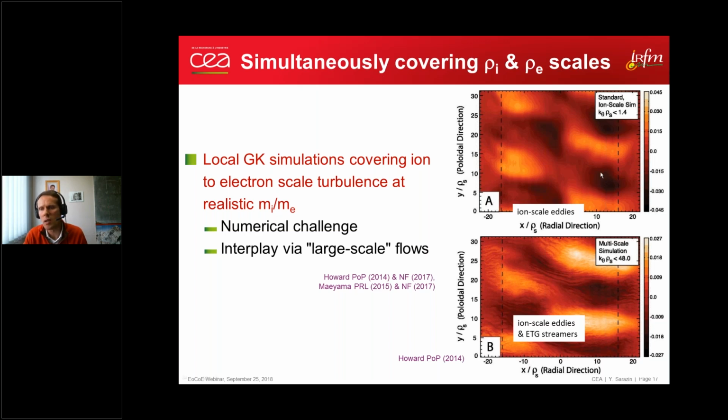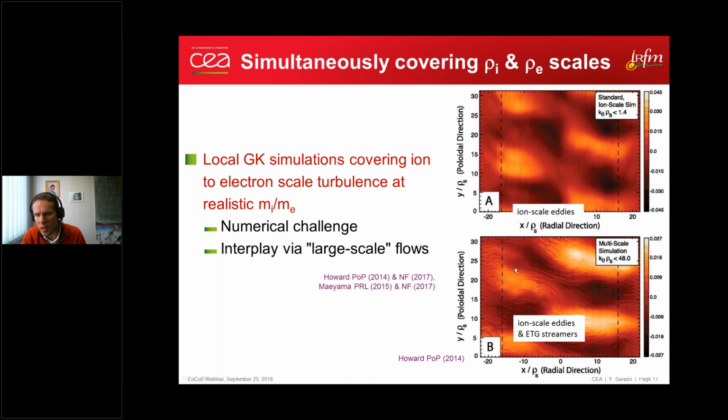And in this case you can see the differences on top here on this figure. You can see the structure of the electric potential in a simulation where only the ion scale was resolved. And on the bottom, you can see the same simulation where both the ion and the electron scales were resolved.